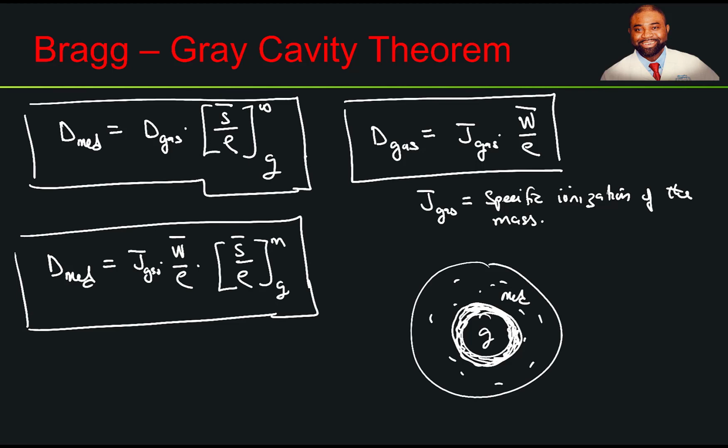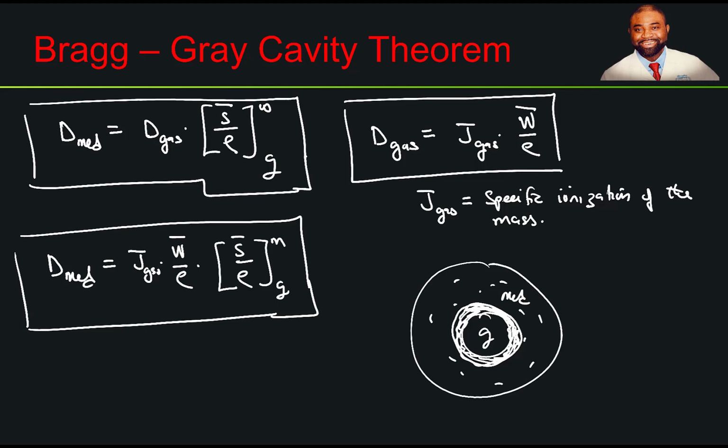These electrons are called delta rays. These electrons can cause ionization within the cavity, which in turn will imply that the measured dose will be greater than the actual dose deposited in the surrounding medium, leading to an overestimation of the measured dose.